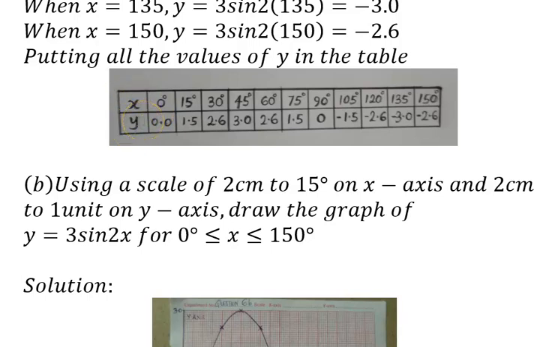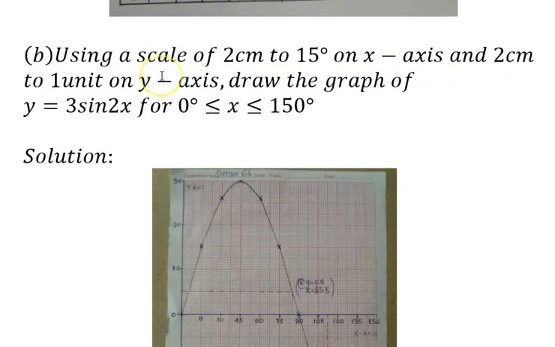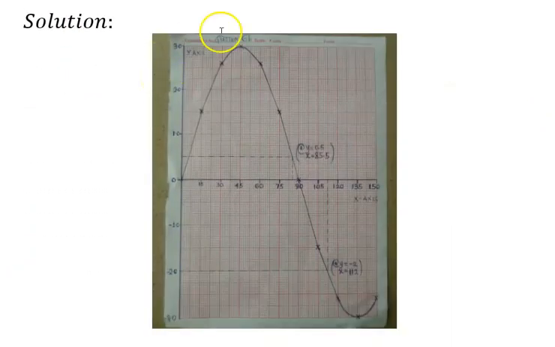So what we are going to do now is just to ensure we make use of this scale, 2 cm to 15 degrees on the x-axis and 2 cm to 1 unit on the y-axis. Beautiful. So you bring out your graph and plot. You've been given the scale both on the y-axis and on the x-axis.